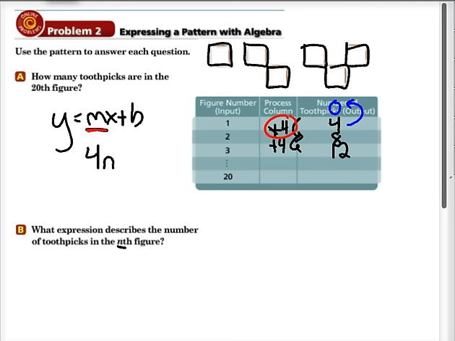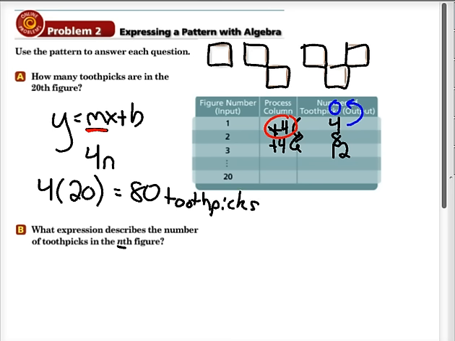To find the amount of toothpicks in any given figure, all I have to do is take that figure number, multiply it by 4, and that's how many I'm getting. So here, how many toothpicks are in the 20th figure? Well, I take 20, multiply it by 4, there's going to be 80 toothpicks in that figure.